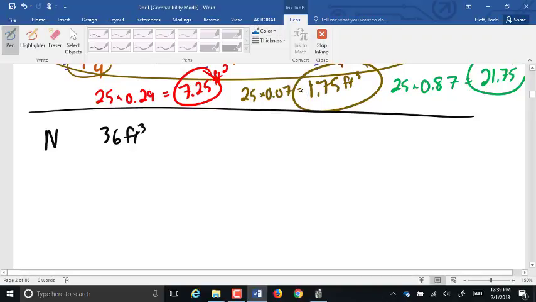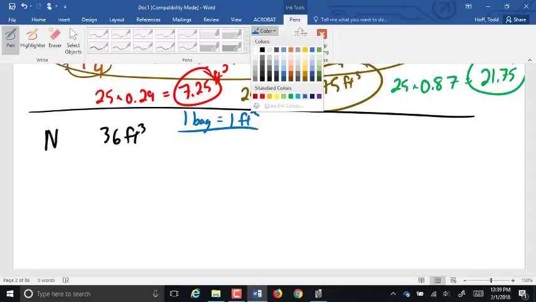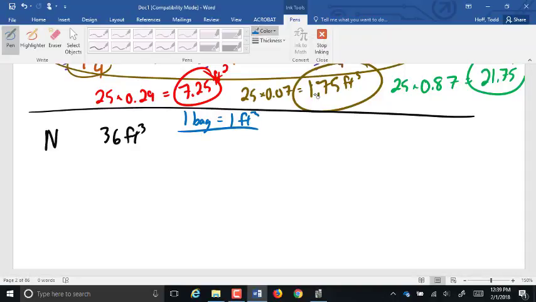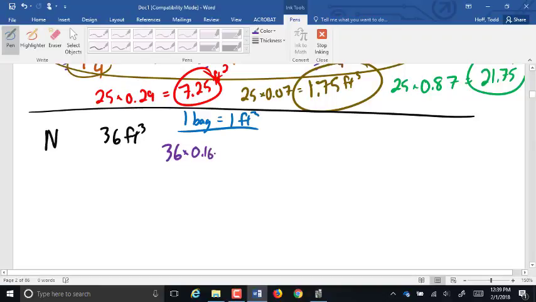To find bags of Portland, remember 1 bag for both cement and lime is equal to 1 cubic foot. So if we have 36 cubic feet of mortar needed, to find the amount of cement needed, it's going to be 36 times. If we look up type N on the first page, what is that decimal for cement? 0.16, good.